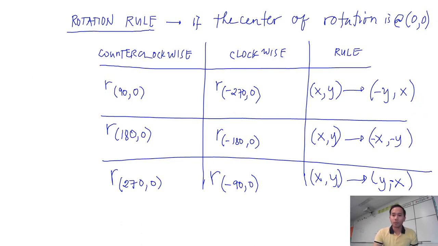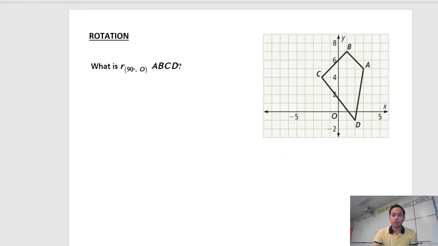In the first example, we have to rotate the given image. The rotation is at the origin, 90 degrees, for A, B, C, D. Based on that, it's positive 90 degrees, therefore it's counterclockwise. So we have to rotate this one counterclockwise.